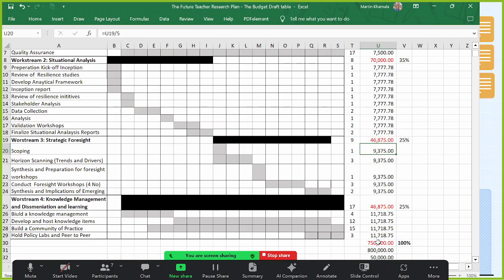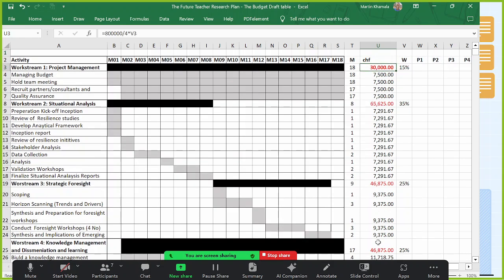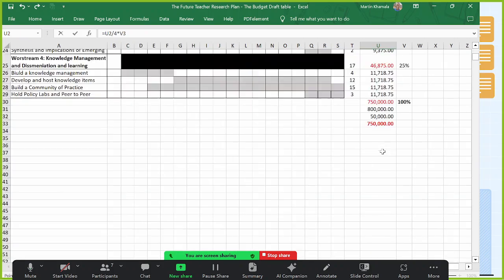So maybe we can be thinking about the assignees now. Which means everybody is happy with the distribution of the budget. That's how I'm hearing. Just as Pio said, it's generic.